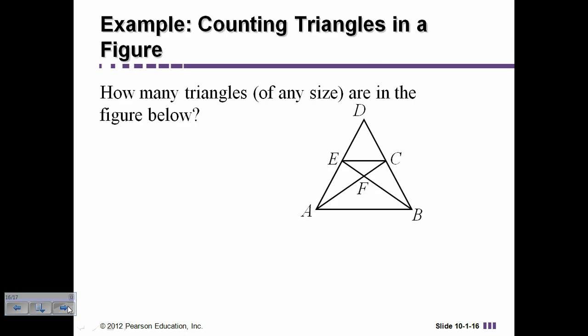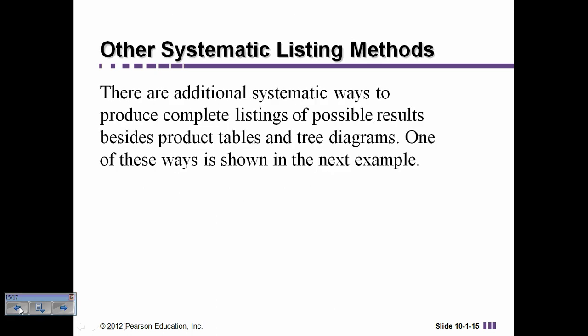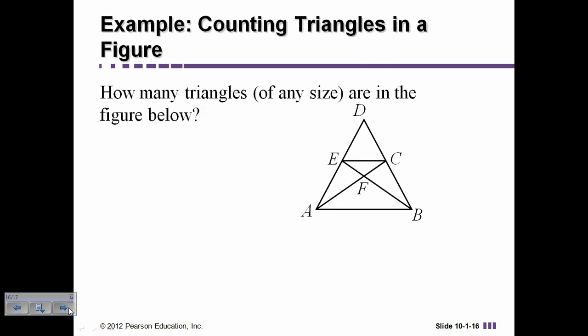Okay, so there are other systematic approaches to coming up with the possibilities, and sometimes coming up with different methods is a good idea. So here's a good example. I want to know how many different triangles there are in this picture below. So one of the suggestions is that we start with the letter A, for example, and we match it up alphabetically.